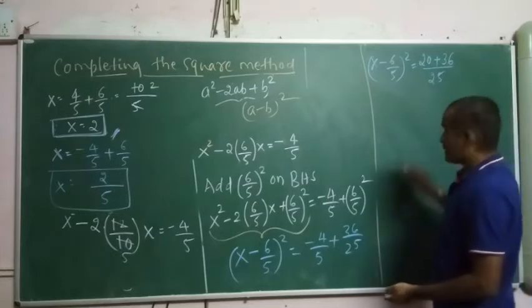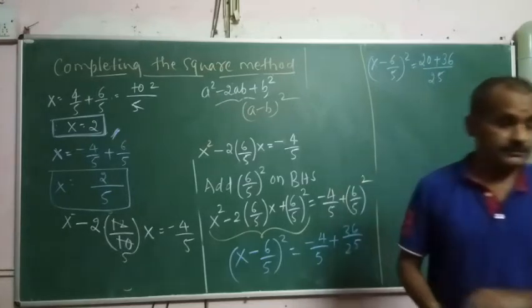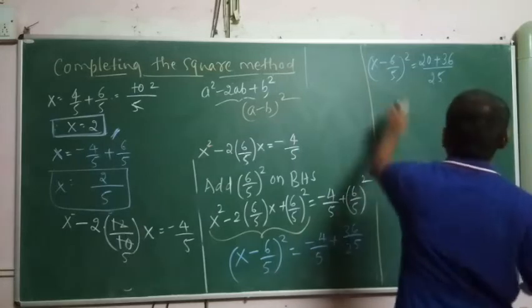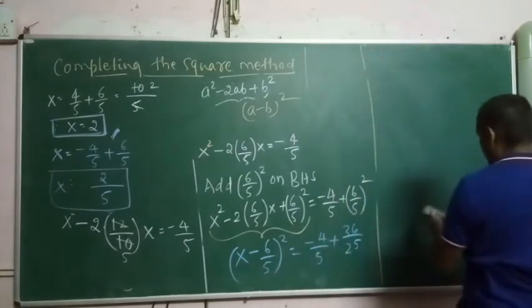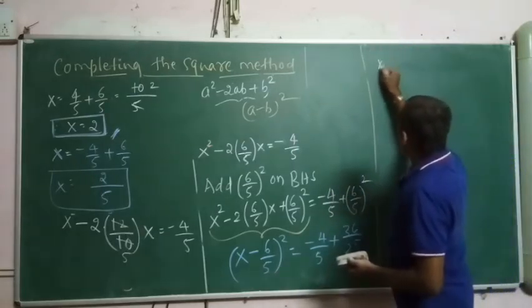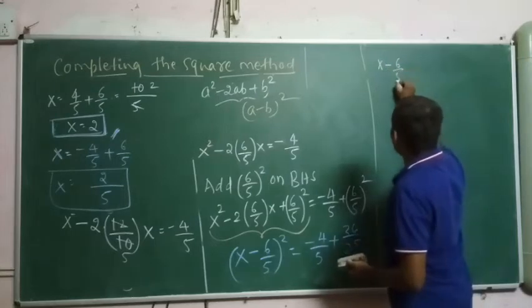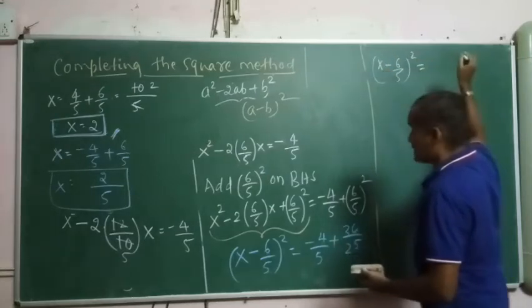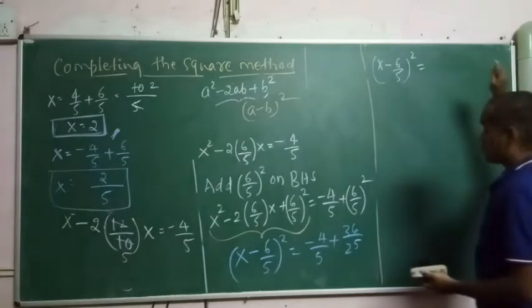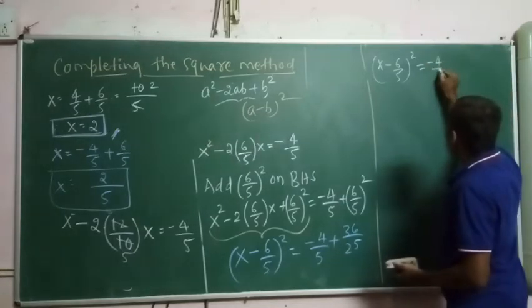Simplify the RHS. x minus 6 by 5 the whole square is equal to what happens? Minus 4 by 5.